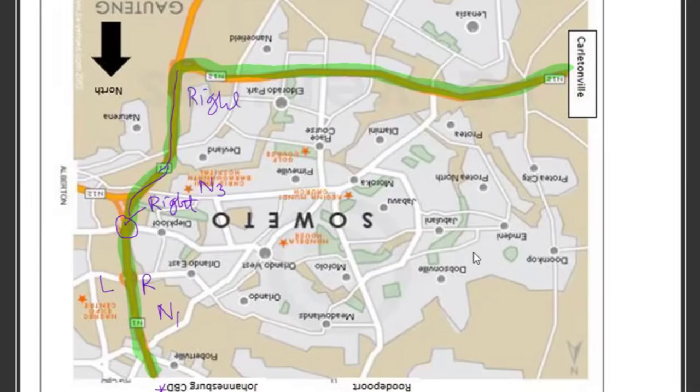You are turning onto N12. Follow N12, pass the roads and you reach Carltonville. So this is what I wanted to hear. Mention the road you're using, which turns you are taking, and if you take the turn, on which road you are going. That's how we get the marks. Please, you turn there and next turn and you follow. Always from where you are coming from.